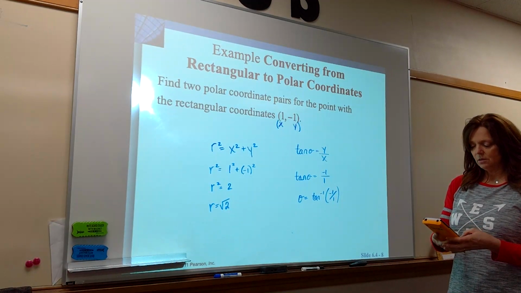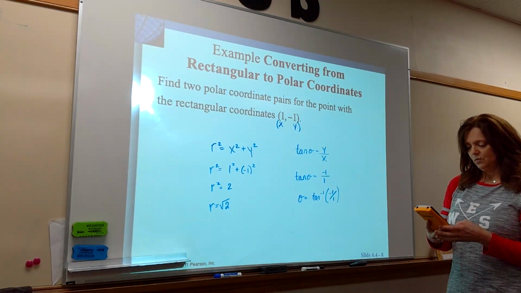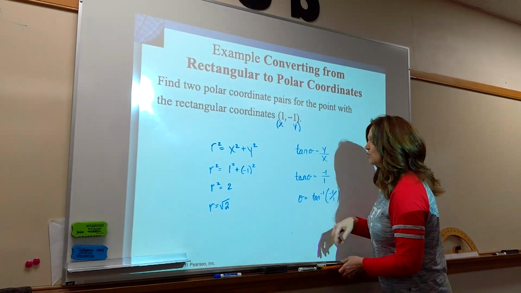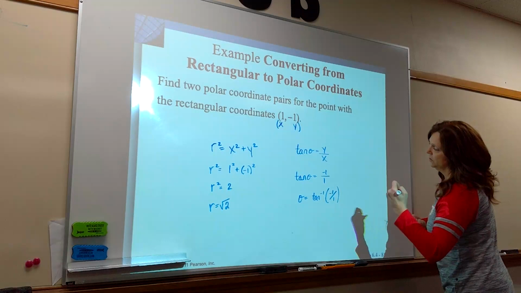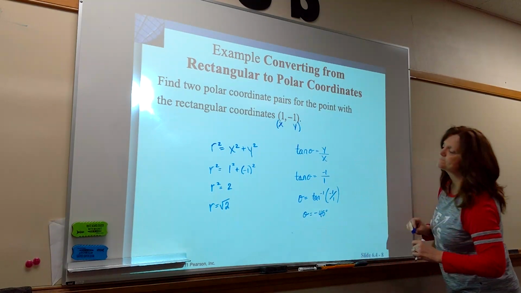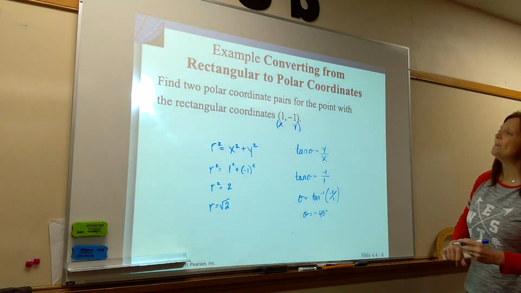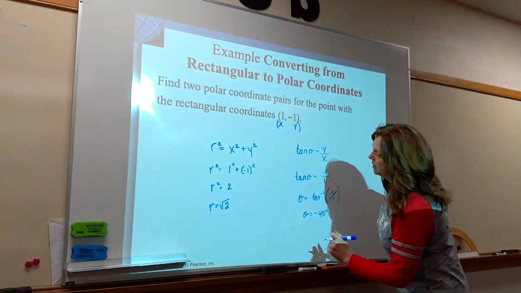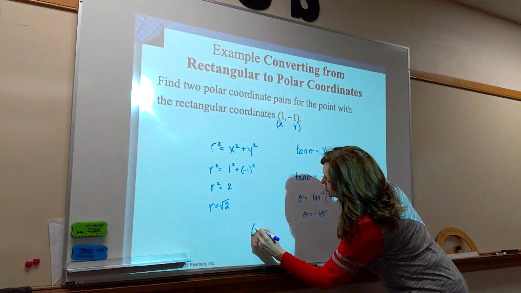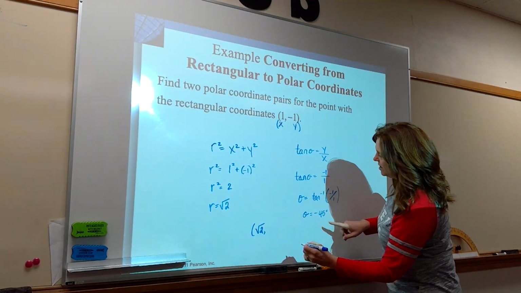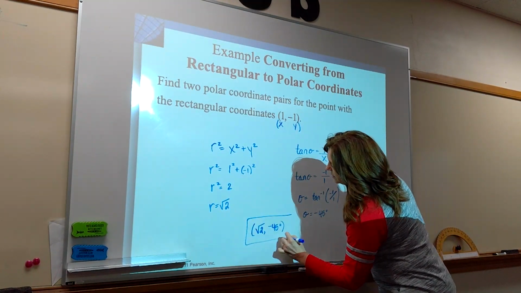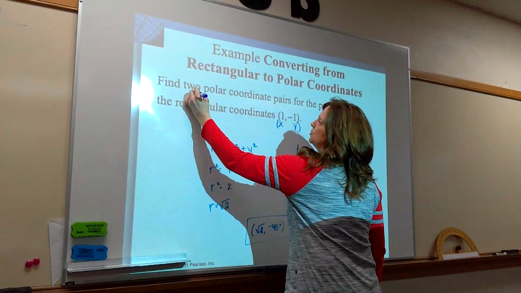Inverse tangent of negative 1 divided by 1, which of course is negative 45 degrees. So my answer in polar coordinates would have a radius of square root 2 and a theta value of negative 45 degrees.